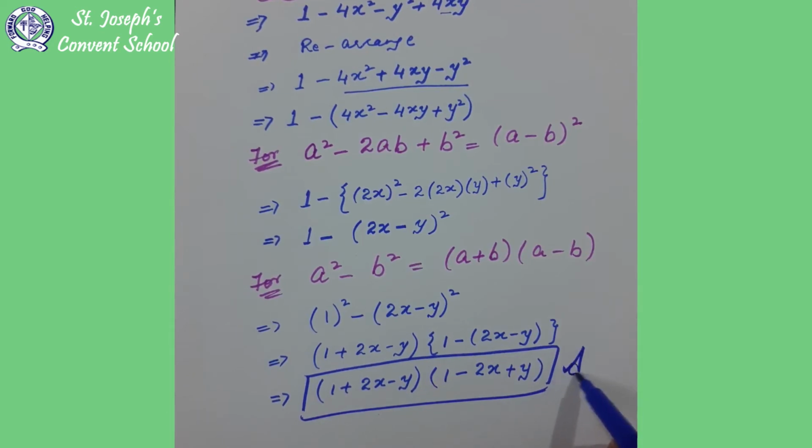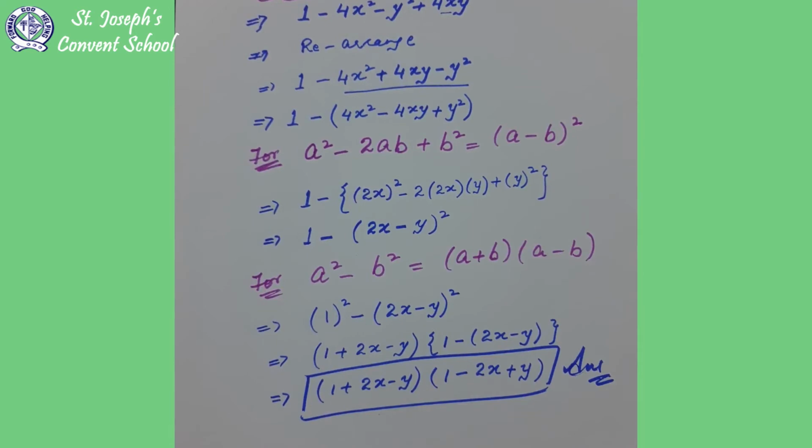So in two steps you can solve it. In the first step you will apply the first formula, arrange the question, apply a square plus or minus 2ab plus b square, and in the second step you will apply the a square minus b square formula. Okay, I hope you have understood this.